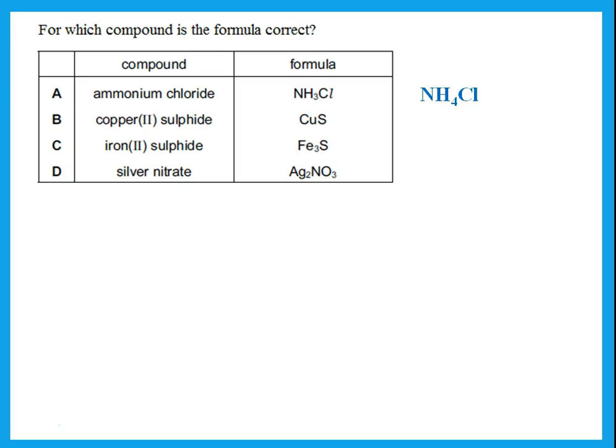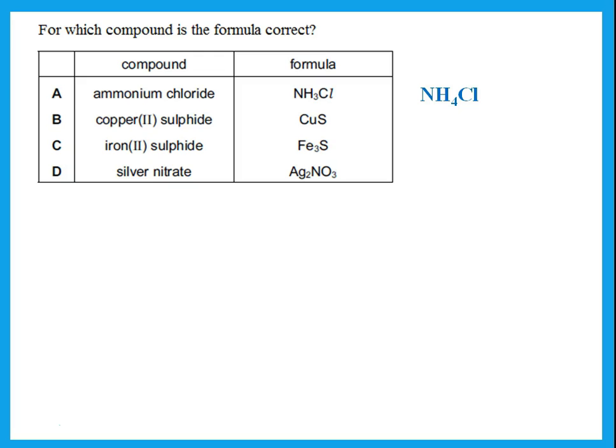Sulfate is SO4 and sulfide is the sulfur. And remember that he's telling me that the valency of copper is 2. So actually I should put 2 under the sulfur. But then if you look at the periodic table, the sulfur is in group 6. So actually sulfur needs 2 electrons. So its valency is 2. And we said if this has a valency of 2 and the other one has a valency of 2, they cancel each other. So that is actually the correct formula.